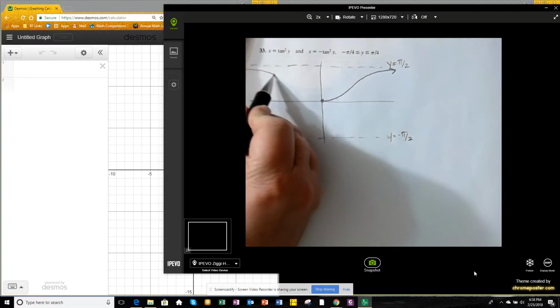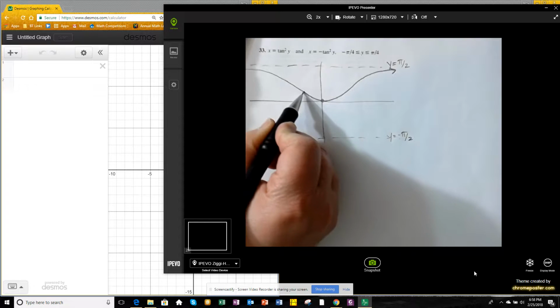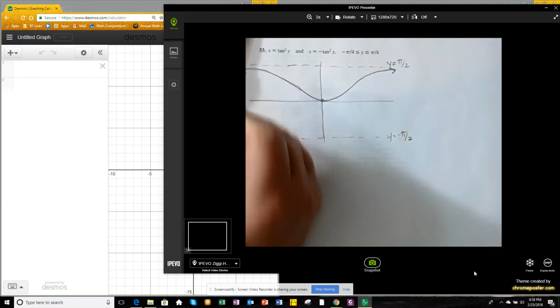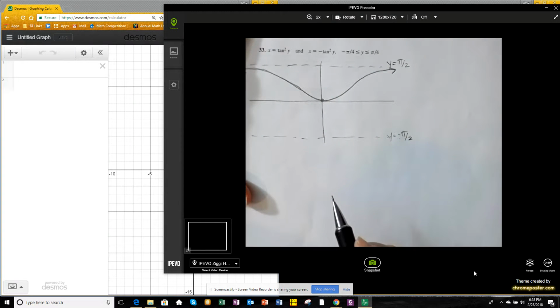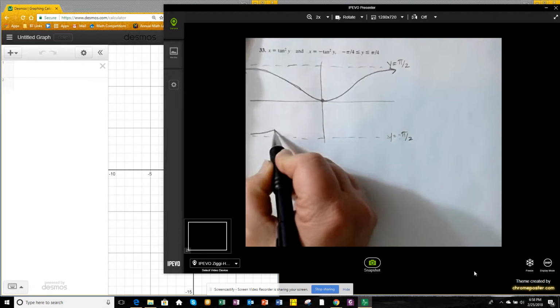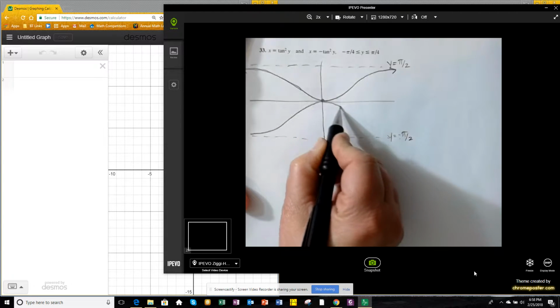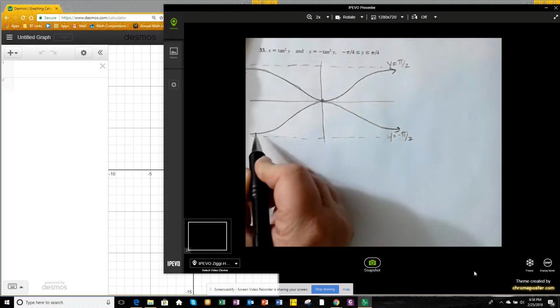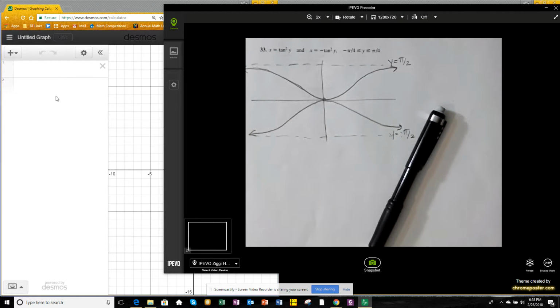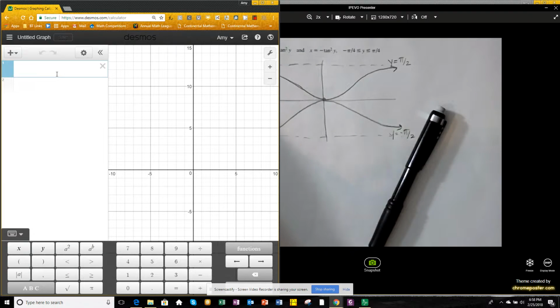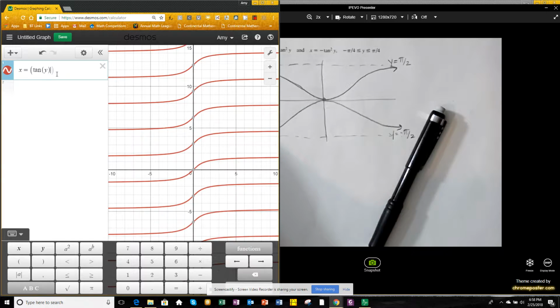So we're going to do this. Now, I wouldn't necessarily expect that you know what that looks like. Let's have, using Desmos here, x equals tangent of y.